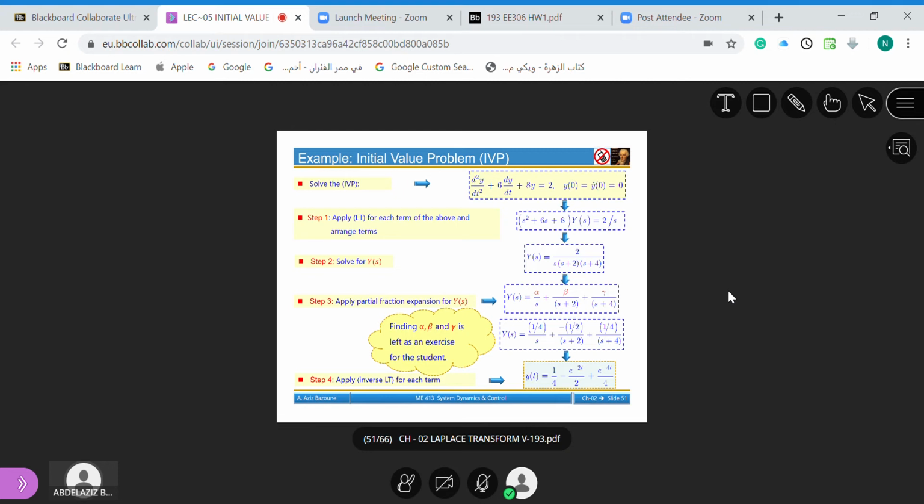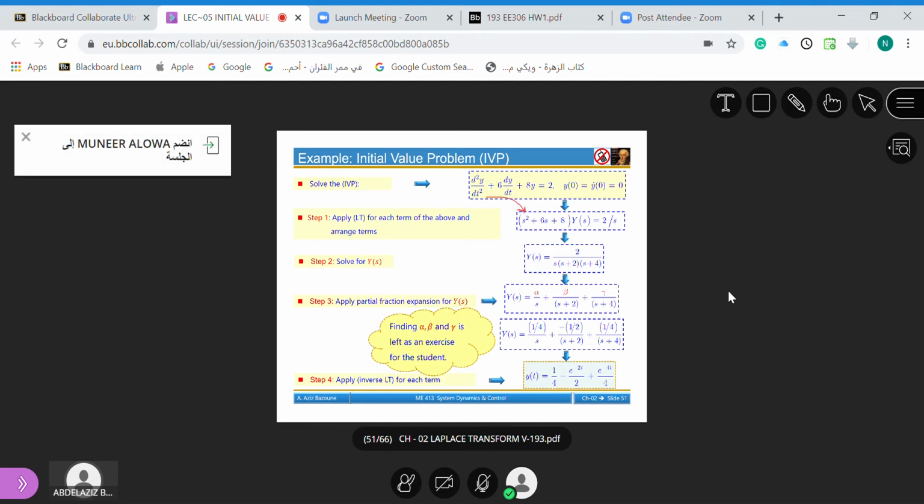So now if we take the algebraic equation, it turns out to be (s squared plus 6s plus 8) Y of s equal to 2 over s.